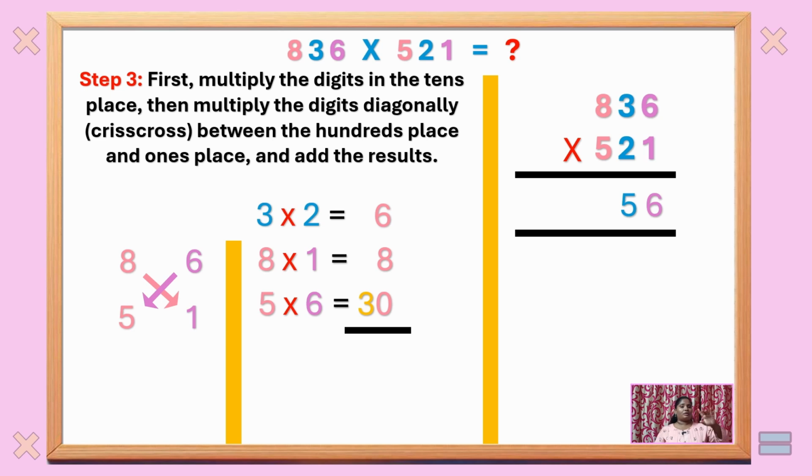And also we have a 1 which we carried from the 15. Let's add all of them: 8 plus 30 plus 6 plus 1, which is 45. So again we can't directly put both the numbers over here. So 5 let's put in the lane and then 4 to carry to the next number.